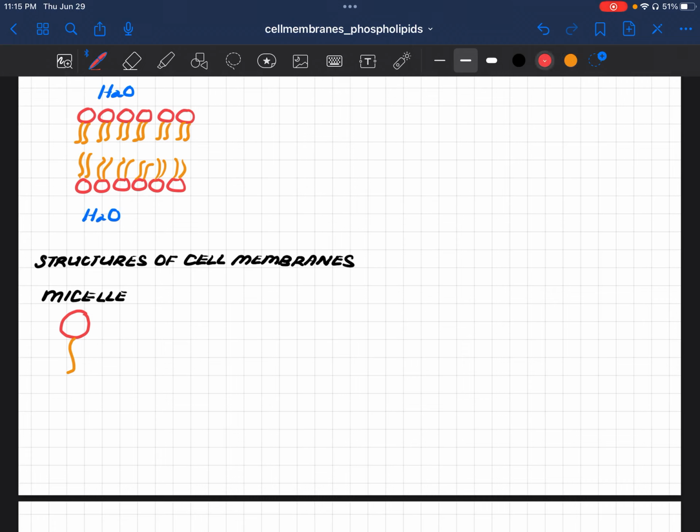And because of the shape of this lipid, it will sort of arrange itself into almost a spherical structure.